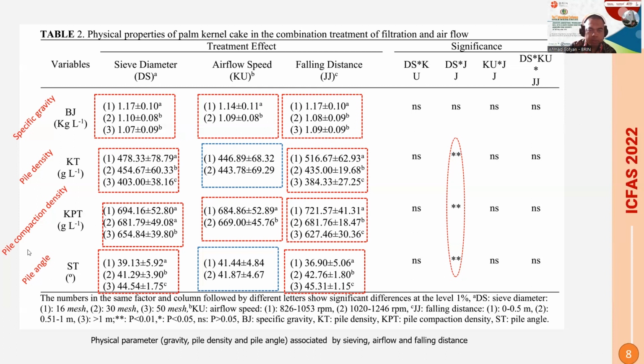The other one, pile compaction density, is also consistent with the specific gravity. It means that physical parameters are associated with our treatment, and for some parameters we can see correlation between diameter and falling distance. With the application of this technique, we can separate some specific particles by this method.